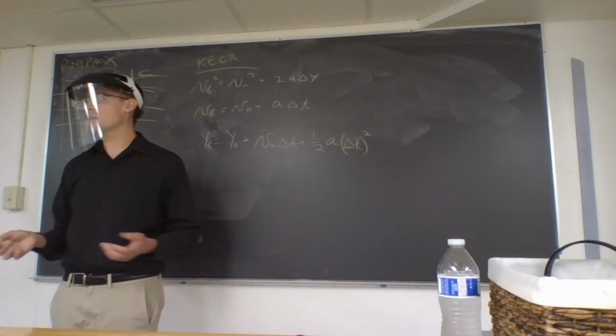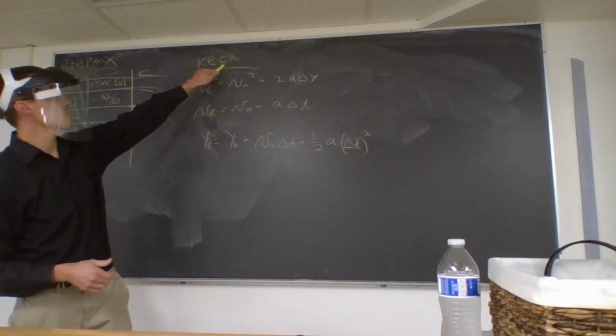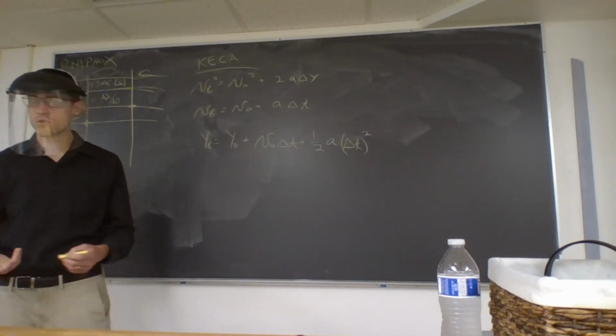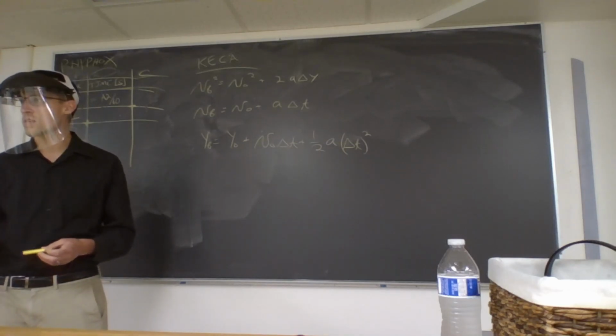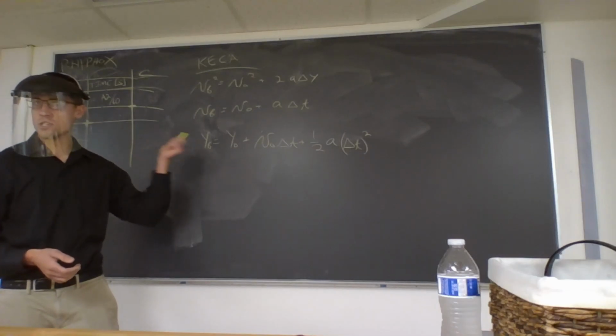Right? Those are the kinematic equations at constant acceleration that you can only use in the case of constant acceleration. So if acceleration is changing in time, as it sometimes will in a calculus-based physics course, then you can't use these. Okay, these are only fair game when acceleration is constant.